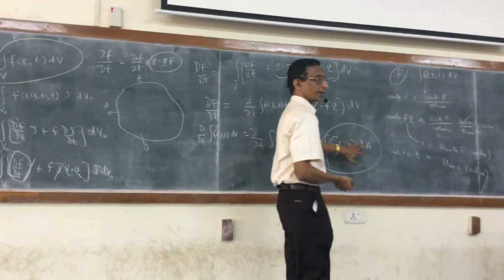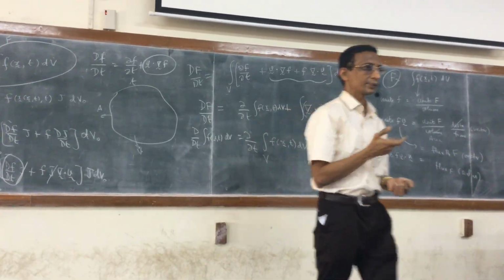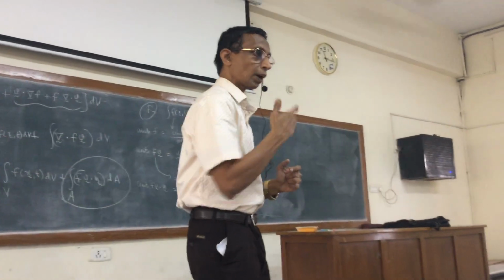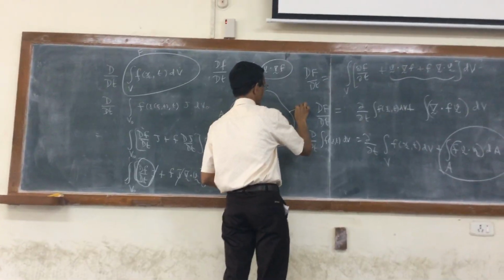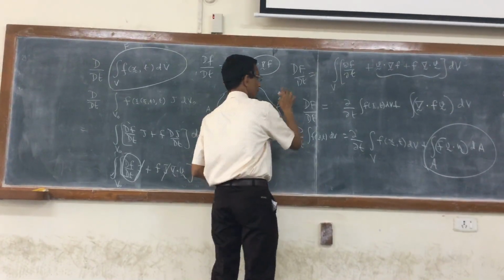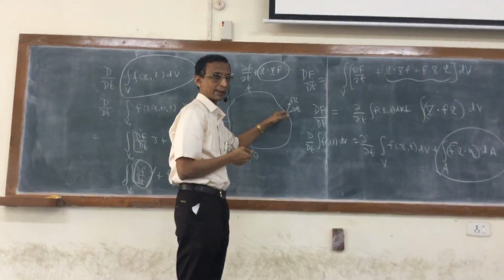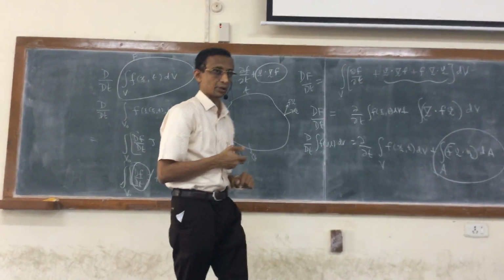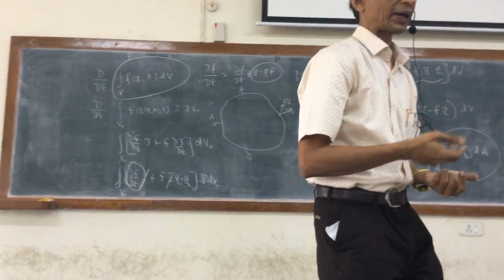Because n is a unit normal outward, at every point I have the unit normal, and Fv could be not necessarily in the same direction as n, but in some other direction. It depends obviously on the velocity vector at that point.